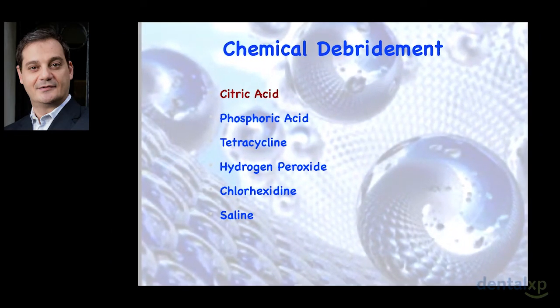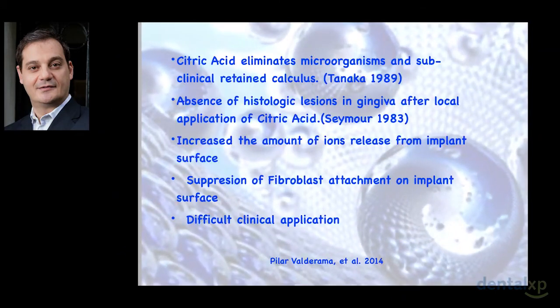If we look at the citric acid, which has been used in periodontics also, it will eliminate microorganisms and subclinical retained calculus, with absence of histologic lesions in the gingiva. It increases the amount of ions released from the implant surface, suppresses fibroblast attachment on the implant surface, and has a difficult clinical application. The last two are the shortcomings of it.